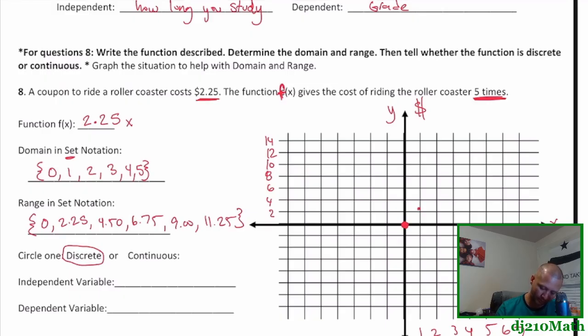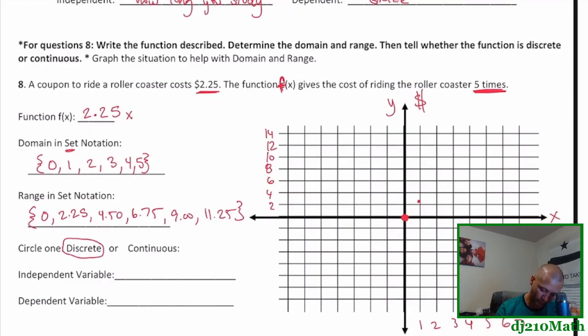Actually, I'm sorry, 2 tickets is going to be 4.50. 3 is 6.75. 4 is 9. And 5 is 11.25. All right, and there they are.